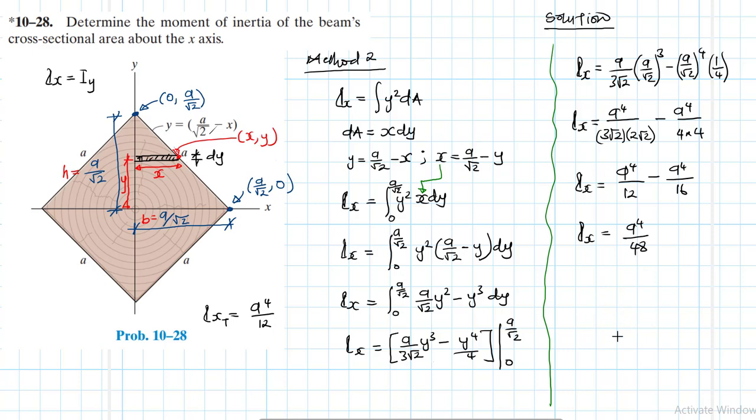So this is moment of inertia for just one triangle. So therefore the total moment of inertia will be equal to 4 times this moment of inertia for each single triangle, which is going to be equal to 4 times a to the power 4 divided by 48. And therefore this total moment of inertia will be equal to a to the power 4 divided by 4. Okay, which comes back to this same thing that we found here, right?